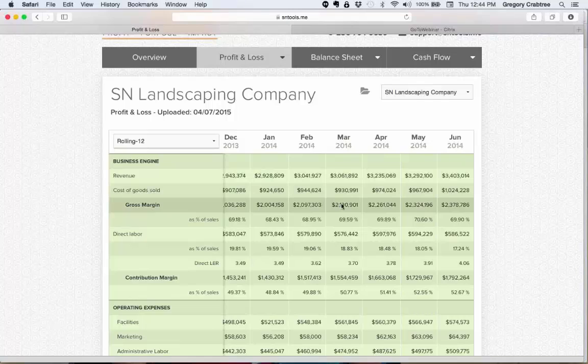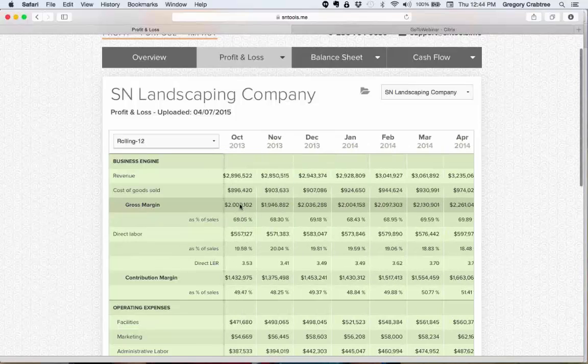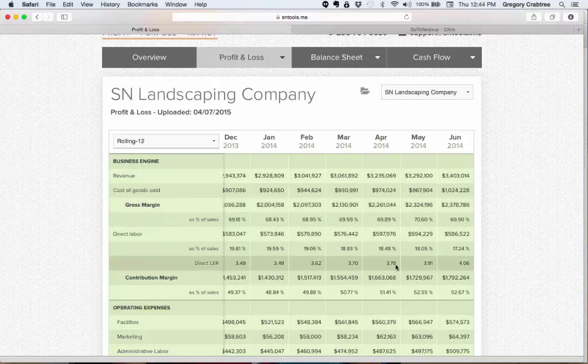So let's look at gross margin. What's even more important is that gross margin dollars are increasing. Back here they were at right around $2 million of gross margin, and as each of those months come along, those margin dollars are filtering through and working. This is a great example of how you see the power of direct LER.